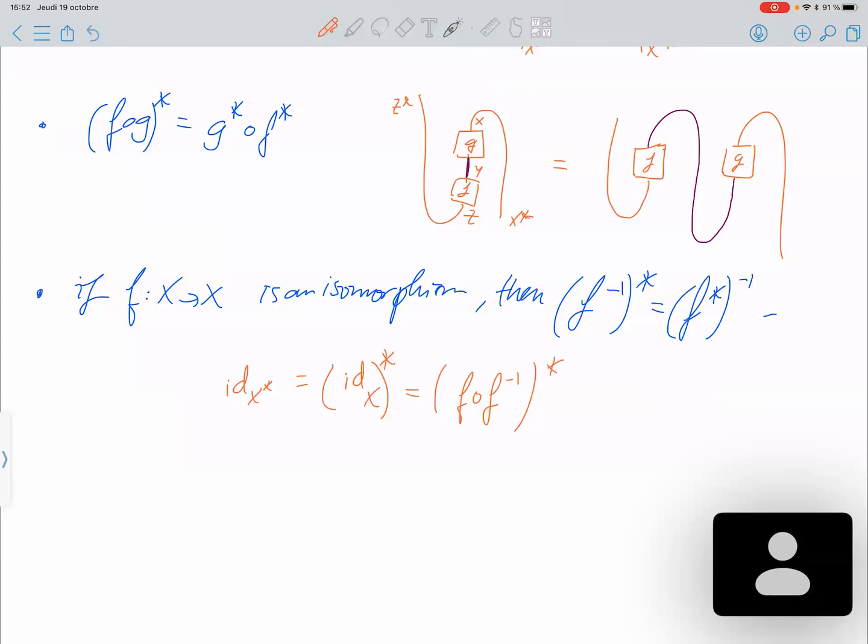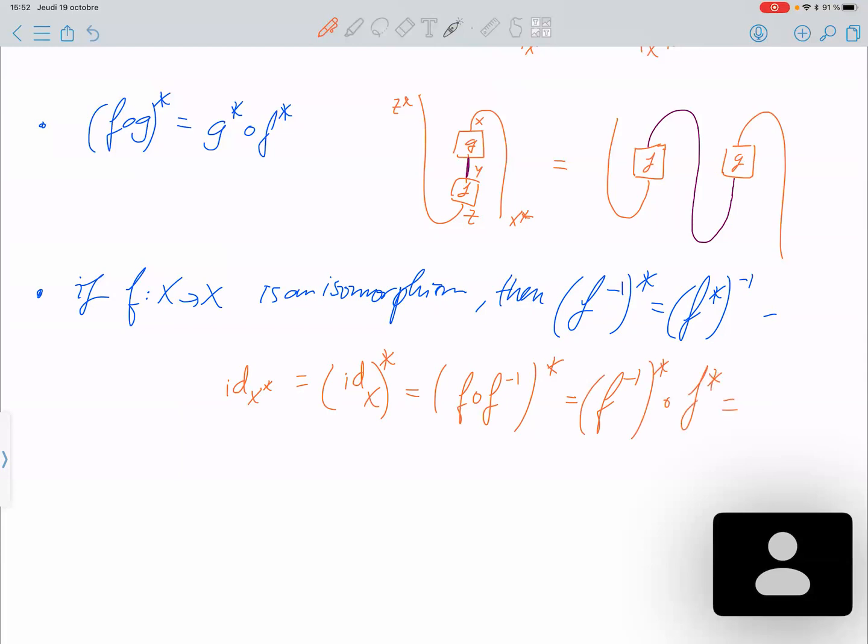Like that. So identity of X is the composition of F and its inverse. As we saw before, you can transform the dual of a composition into the composition of duals like that, permuting the order.